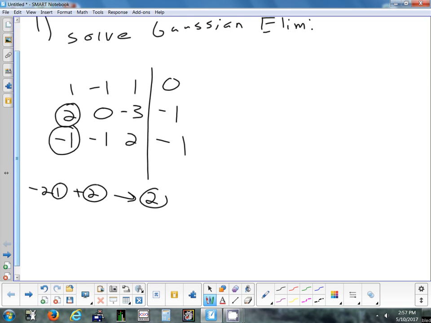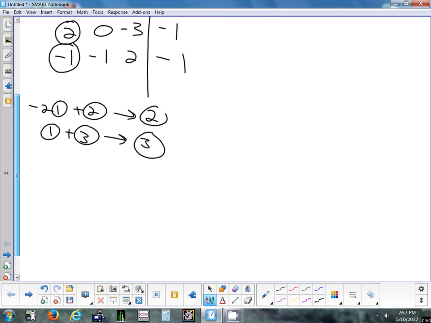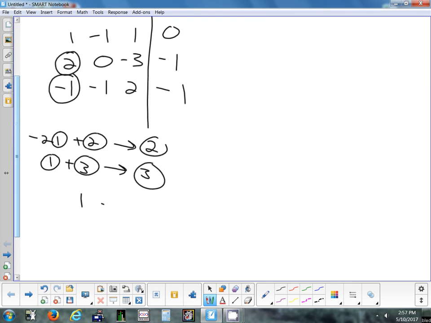Let's do the same thing. What would you multiply row 1 by and add it to row 3 to cancel out the number there? It would just be 1. You don't have to multiply it by anything. Just take row 1 plus row 3 and replace what's in row 3. Okay, so the only row that's staying the same this time is which row? The first row.